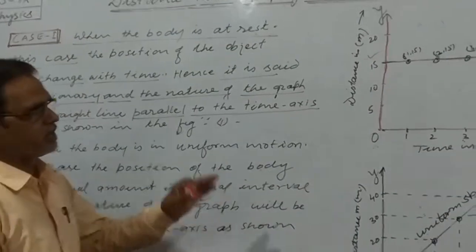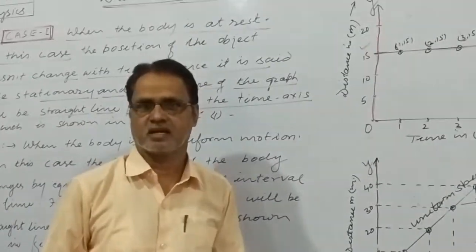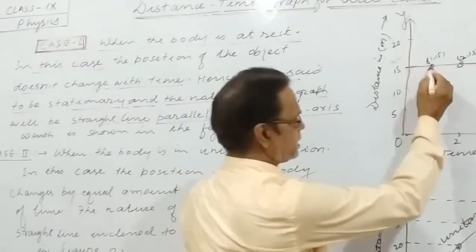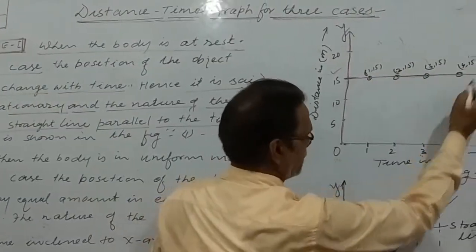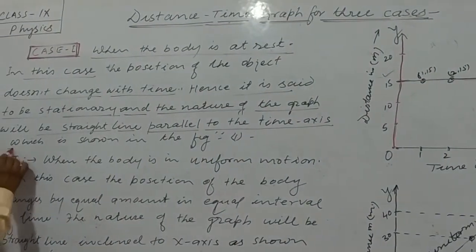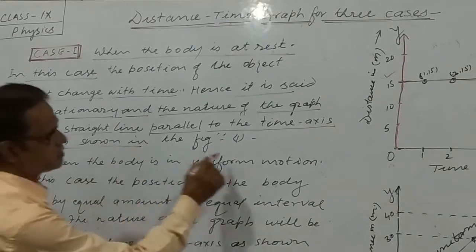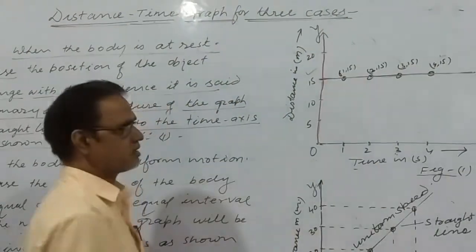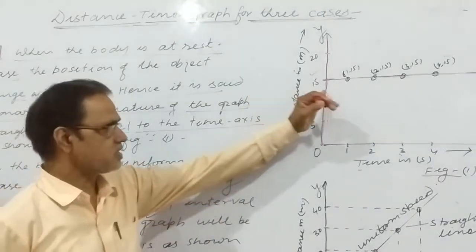इस केस में बॉडी क्या कहा जाएगा? Stationary कहा जाएगा. At rest कहा जाएगा. In this way, the nature of the graph will be a straight line parallel to the time axis. Understanding? Which is shown in the figure. जो ग्राफ में दिखाया गया है. As the time increases, the distance remains the same.